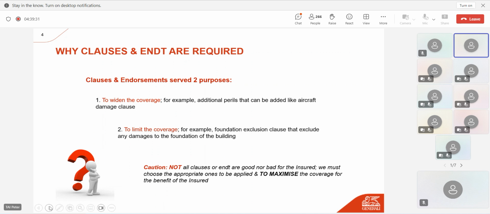How you win cases, how you compare yourself to the other agents outside there, is that you know what the clauses are. You know how to apply the clauses. You know when to use this clause and when not to use this clause. So that when you have all this added knowledge, when you go to attack one business, when you look at the competitor's policy, you know what is wrong with that policy and you can advise them what is good.